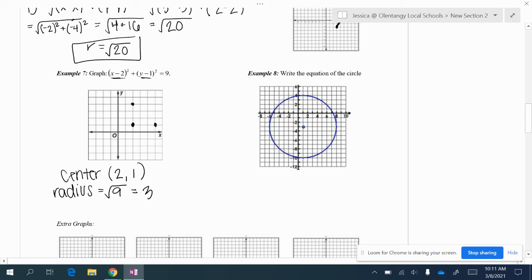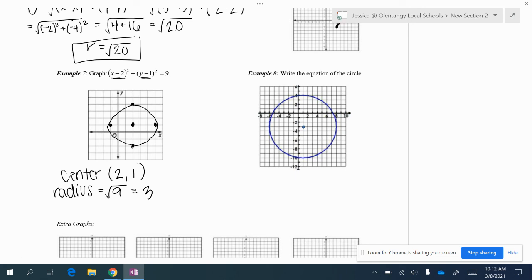There's a point. Again, start at the center, 1, 2, 3. And then connect all of those points. That wasn't the best, but you understand the idea. Start at your center, count right, left, up and down the amount of your radius. Here we counted 3 because our radius was 3 units. And then draw a circle between those 4 points.